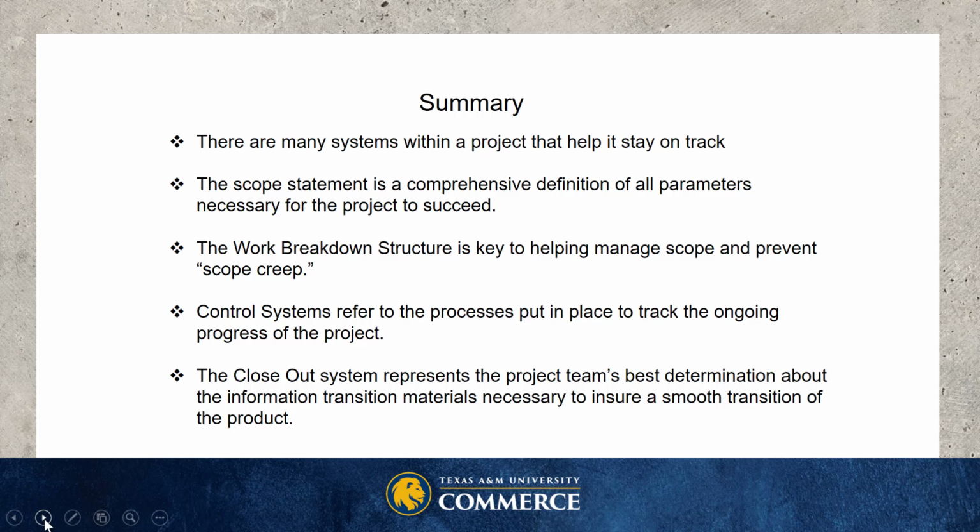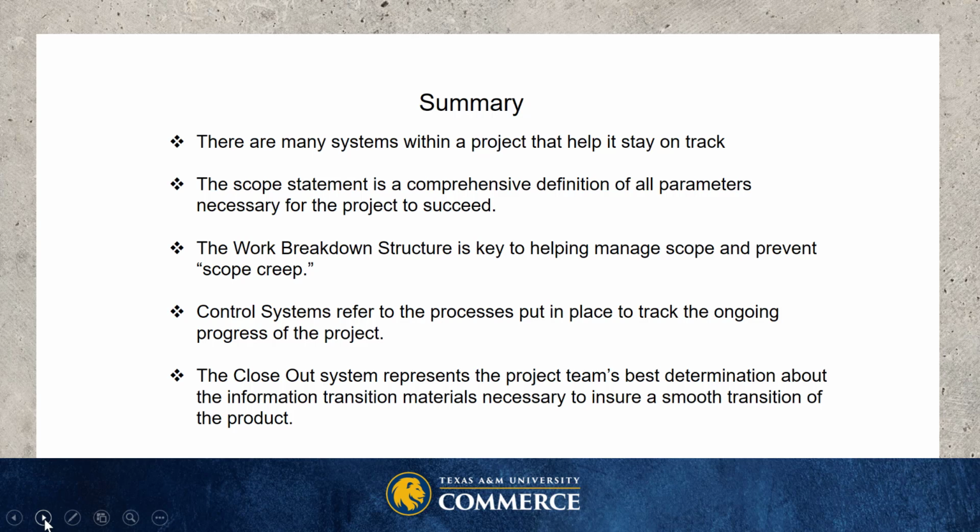The scope management statement is a comprehensive definition of all parameters necessary for the project to succeed. And the work breakdown structure is key to helping manage scope and prevent scope creep that we talked about earlier. Control systems refer to the processes put in place to track the ongoing progress of the project.